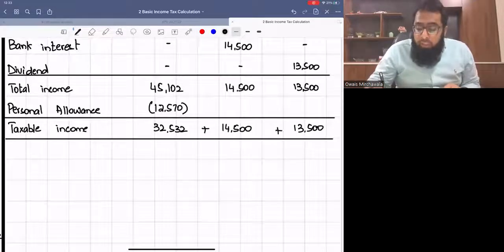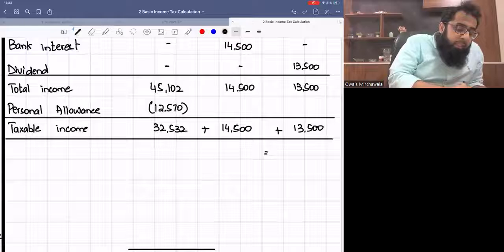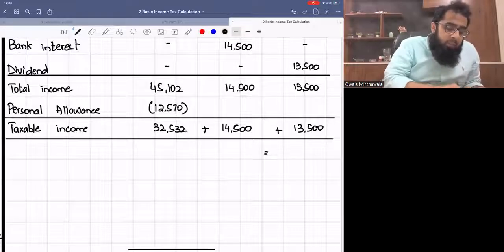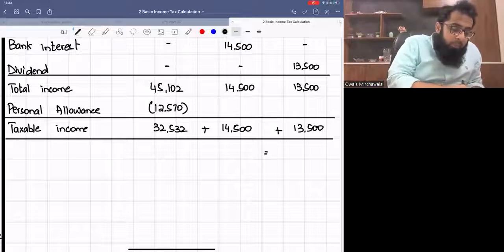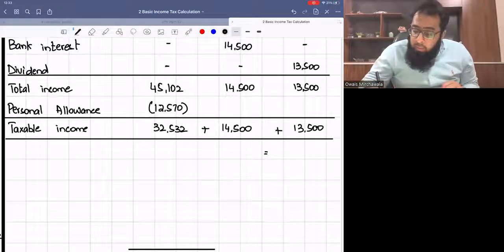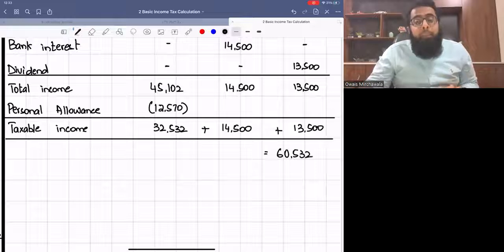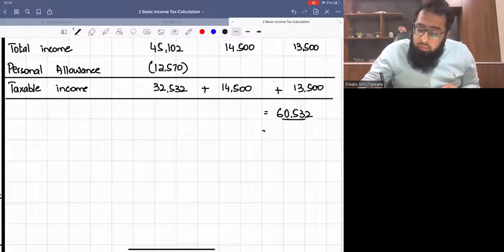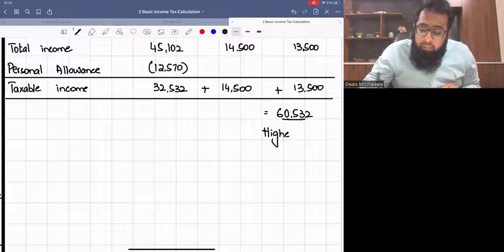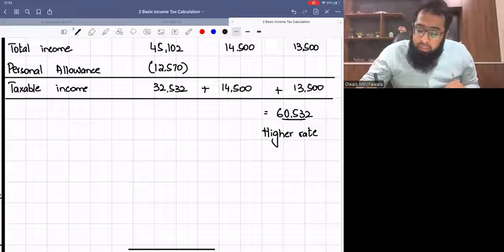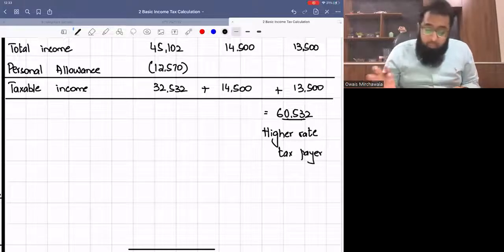If I add up all of them, my total taxable income is 32532, 14,500 and 13,500: 60,532, which means that on total, I am a higher rate taxpayer. Now, have some patience and listen to me.